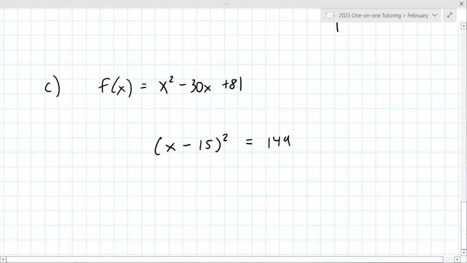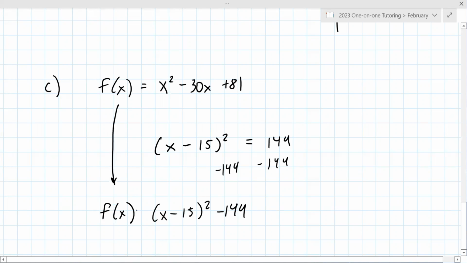Now, instead of taking a square root here, we're going to subtract 144 from both sides. And then we're going to bring this f of x down. So this is now what's called vertex form.